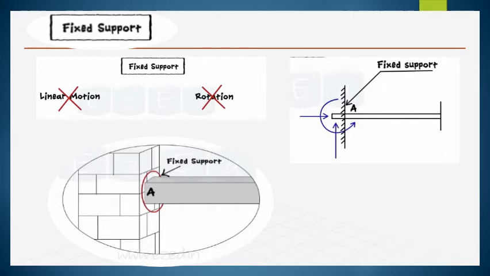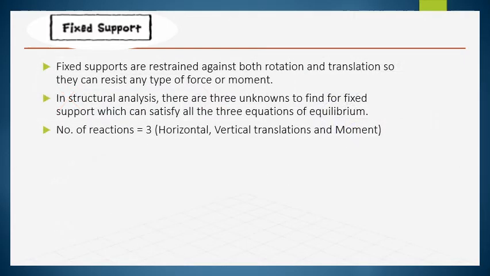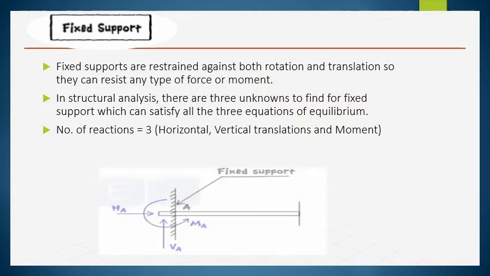As already told, fixed supports are restrained against both rotation and translation, so they can resist any type of force or moment. So in the case of the fixed support, there will be three reactions: horizontal, vertical and moment.